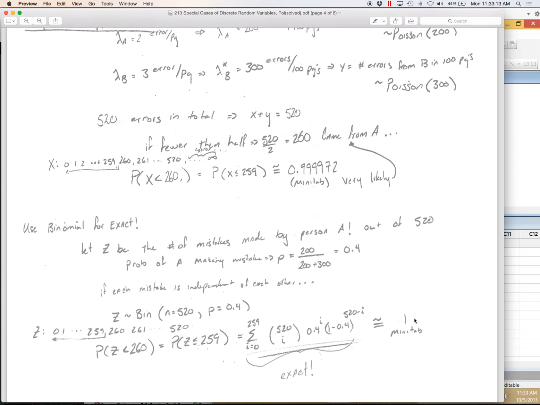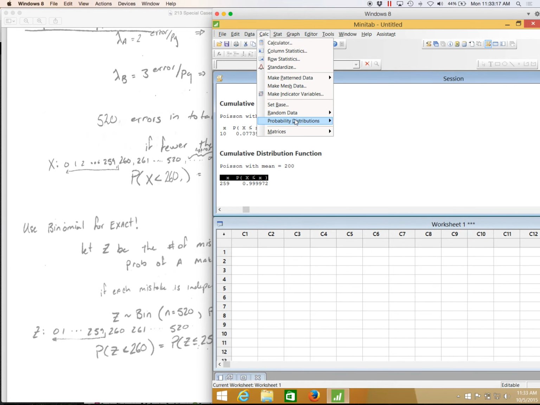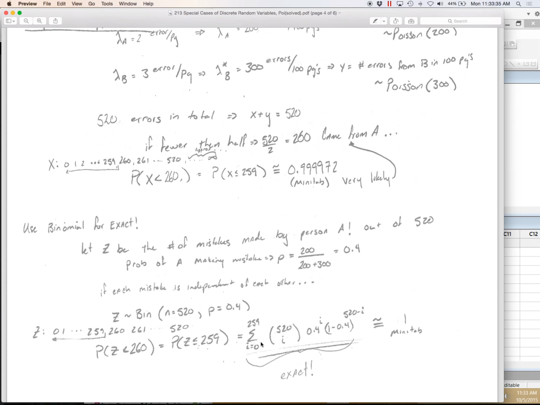Of course, using Minitab to do this, we can say this is Calc, Probability Distributions. Here we're talking about a binomial. We want a cumulative probability where the number of trials was 520 and the probability of success apparently was 0.4. And I want to do less than or equal to 259. What is the probability of all of these things added up, or what does this equal?